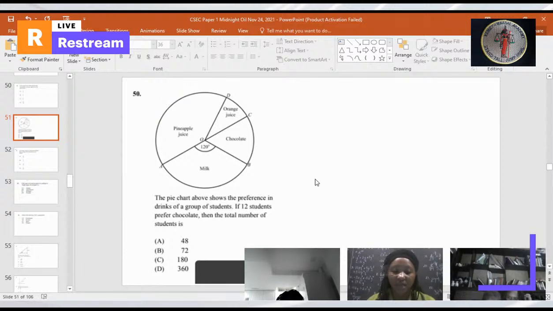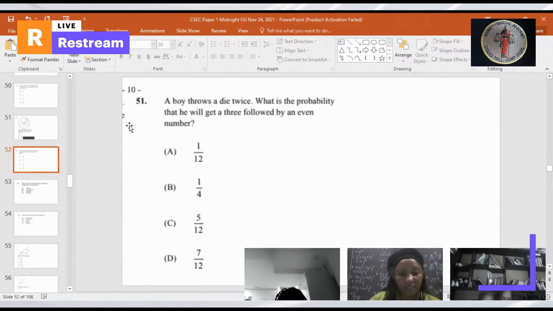So since chocolate and milk make up 180 degrees and milk is 120, we subtract the 120 from 180. So chocolate represents 60 degrees. And since they told us that 12 students prefer chocolate, that 12 students represents 60 degrees out of the 360, which is 1/6. So to get the full number of students, we multiply 12 by 6.